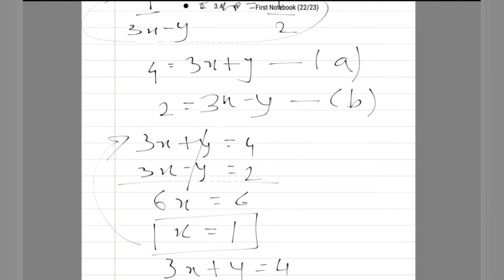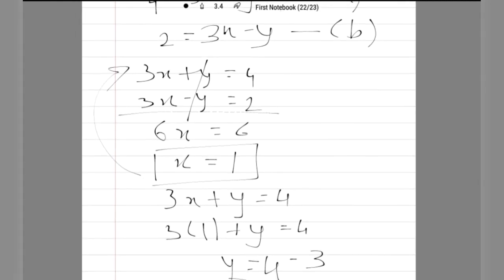This is such a simple thing: we just convert the non-linear equations into linear equations by taking the common terms as one of the variables, and after that solving the new equations which we get after substituting the new variables, getting the values of the variables, and again resubstituting them in the terms which we substituted.